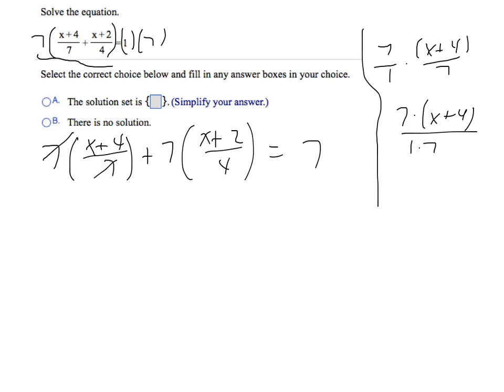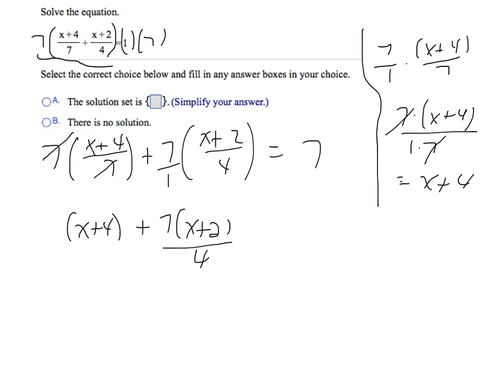So I have 7 times x plus 4 over 1 times 7. Now 7 is a common multiplicative factor, and so I end up with just the x plus 4 term. And so that's what's happening there. So I end up with x plus 4 plus 7 times x plus 2 over 4.